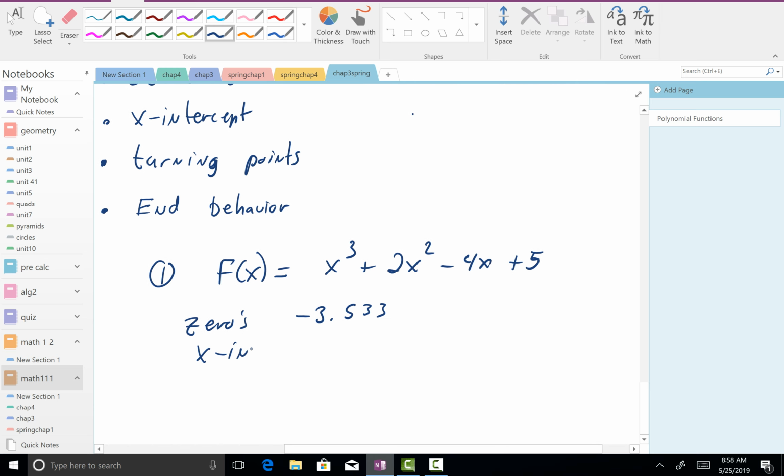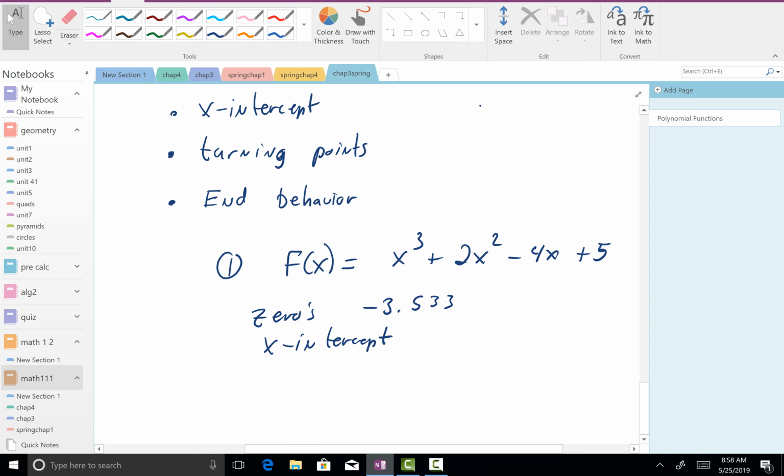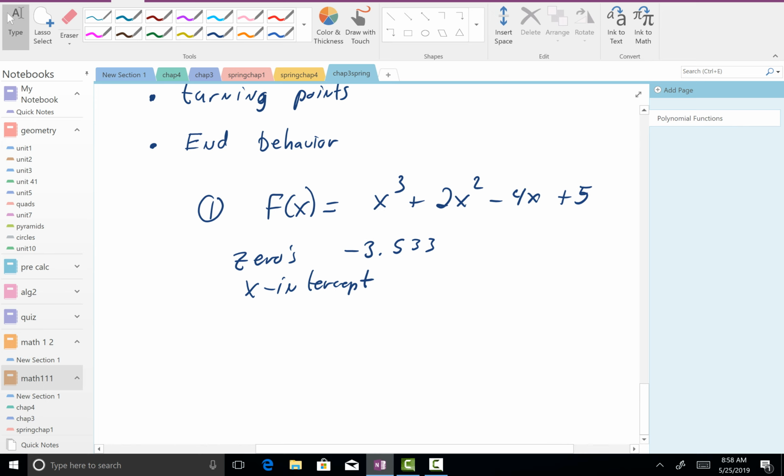Here, let's do end behavior before we do turning points. So as x approaches negative infinity, you should know what the end behavior is without even graphing it because it's a 3rd degree. And we know from our work what it is. But maybe you want to graph it anyway.